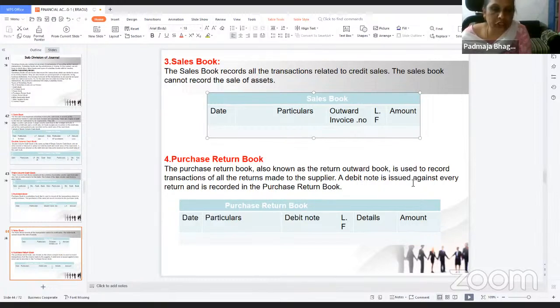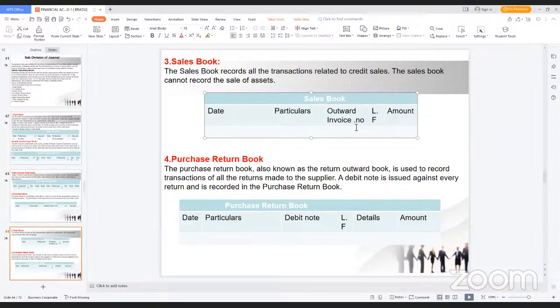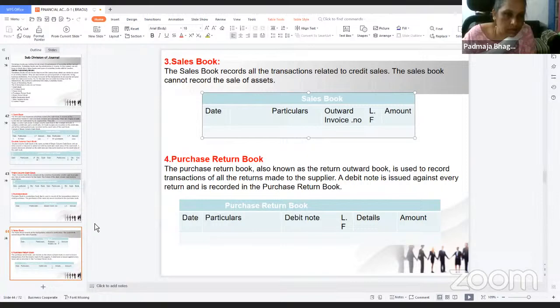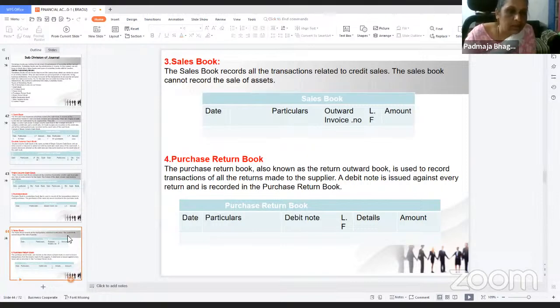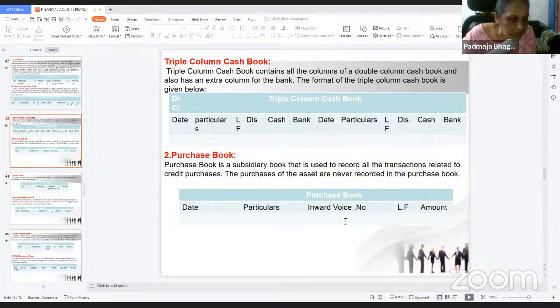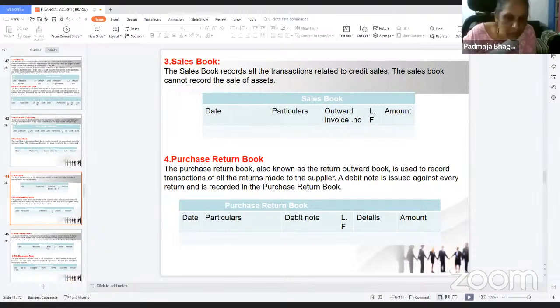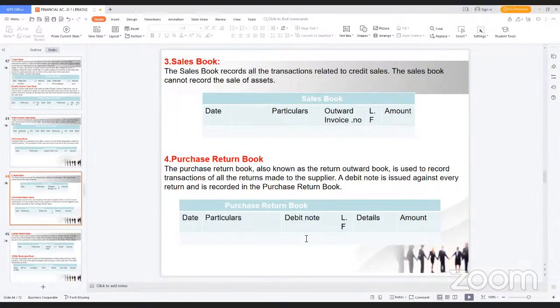A debit note is issued against every return and is recorded in the purchase return book. Here you will be writing the outward invoice number, so that number is written here to know from where it has been returned.